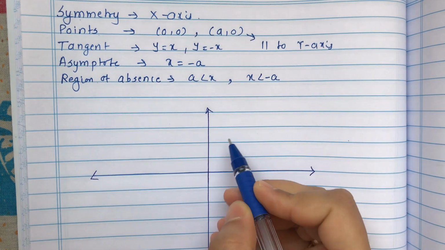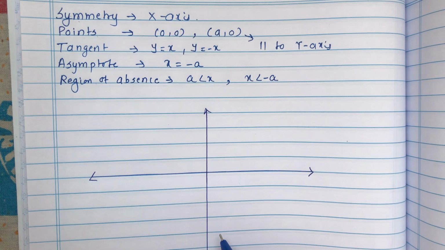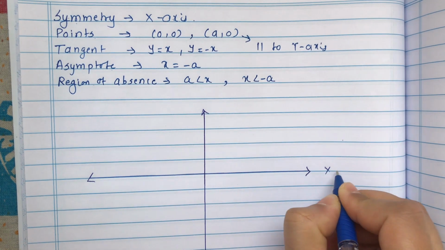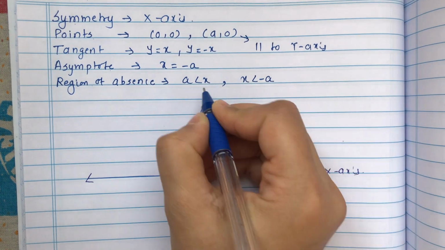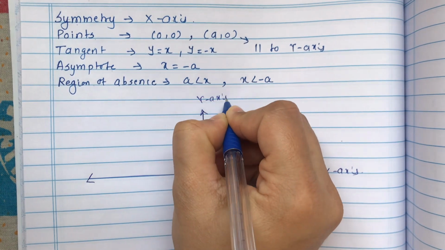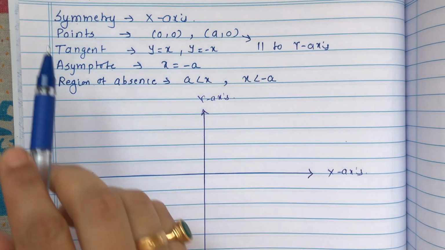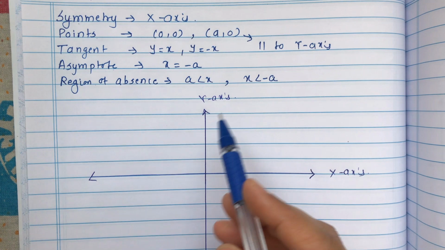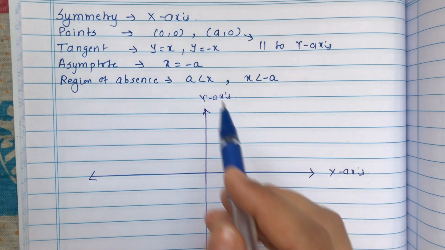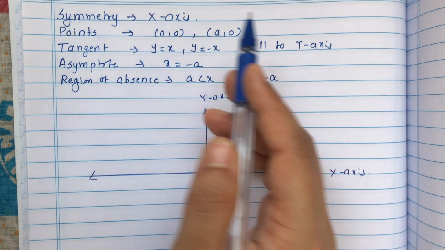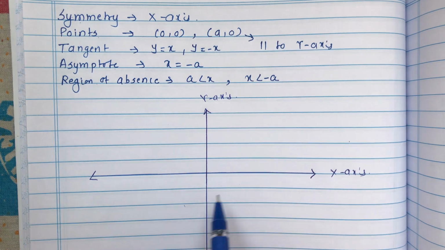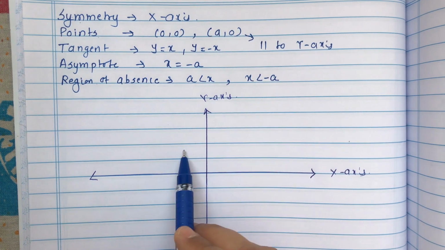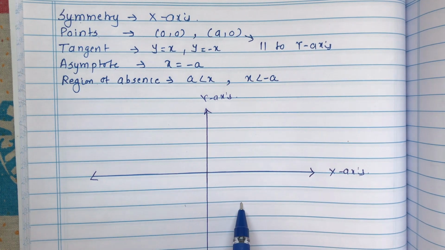So we have to draw the x-axis and y-axis. I will label here, this is the x-axis and this will be the y-axis. So first we will use symmetry. Now this curve is symmetric about which axis? The x-axis. You can see there are four quadrants: first quadrant, second quadrant, third quadrant and fourth quadrant.